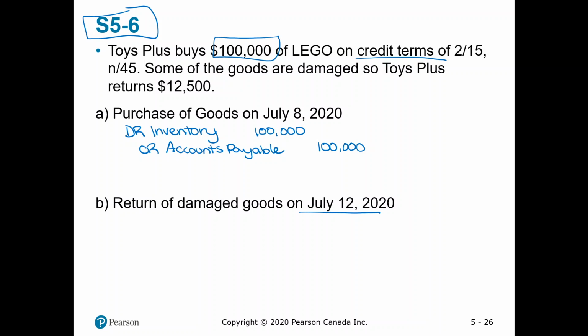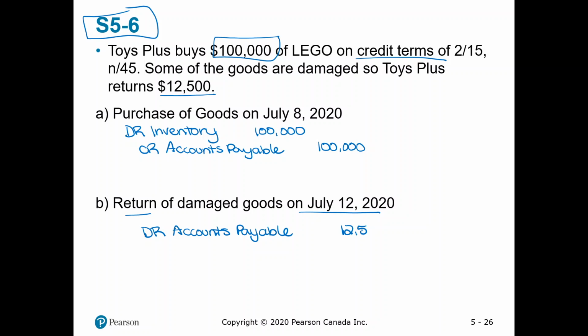Next, the thing that happens is on July 12th, we return damaged goods of $12,500. So we're returning these, we're giving the goods back, and we are getting a reduction in what we need to pay. So for a return, you debit accounts payable because we're no longer going to have to pay this full amount.